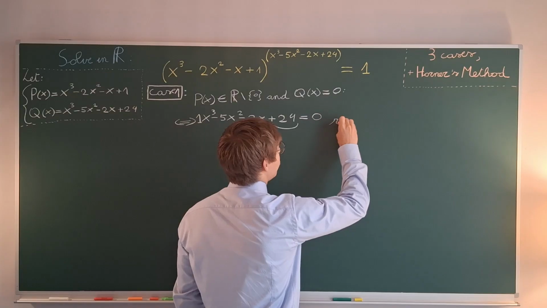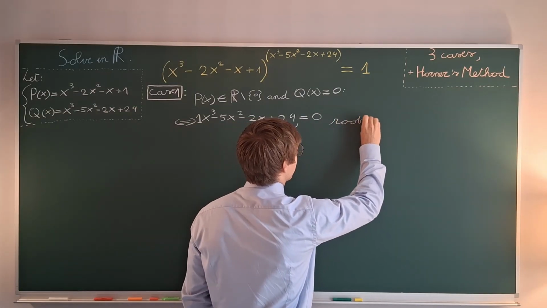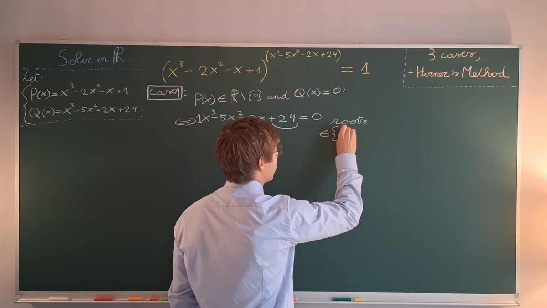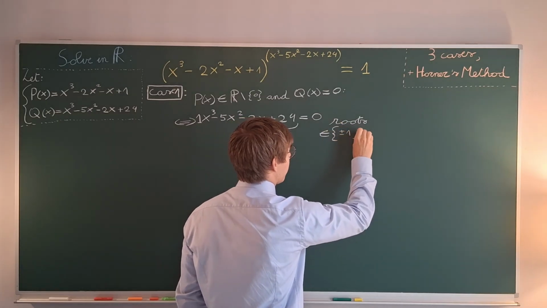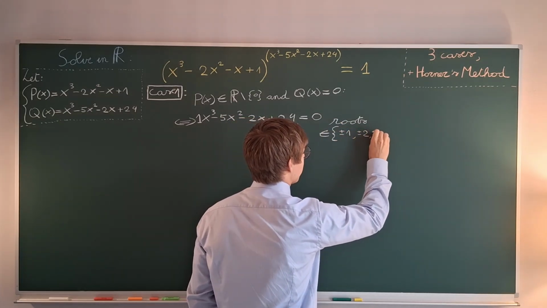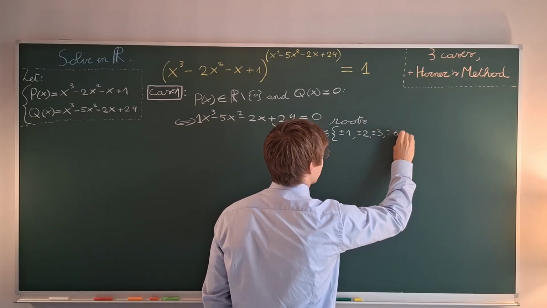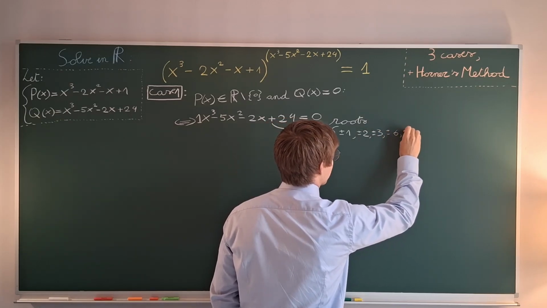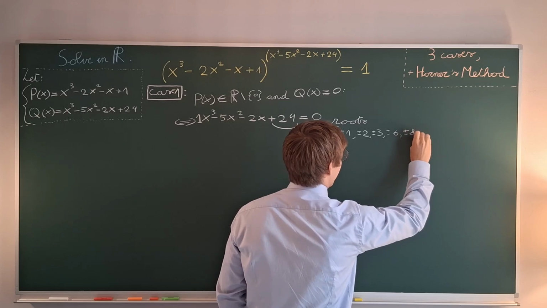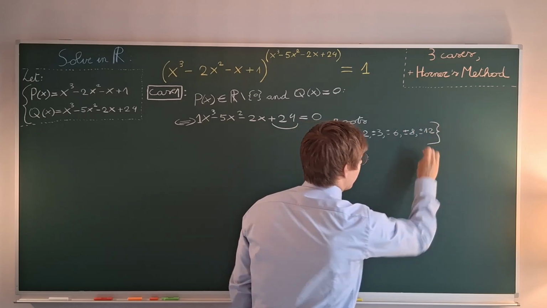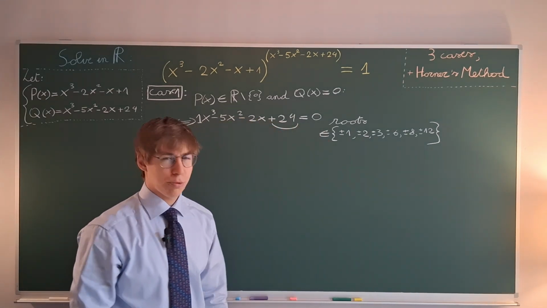So all the possible roots are plus or minus 1, plus or minus 2, plus or minus 3, plus or minus 6, plus or minus 8, and plus or minus 12. And that are all the possible options.